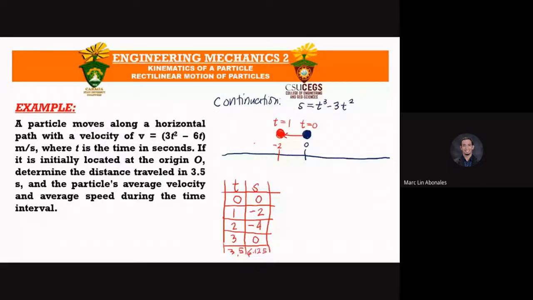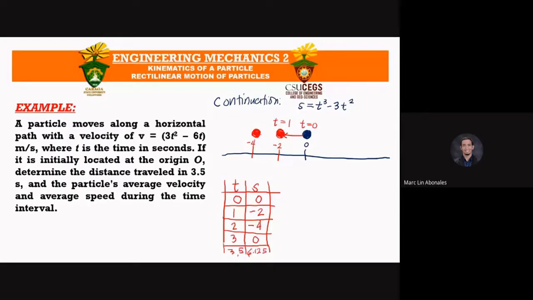Next, when t is equal to 2 seconds, it moves to the left again, and its position is negative 4. Take note, when we talk about position, that is measured from the origin. So negative 4 is from 0 to negative 4.